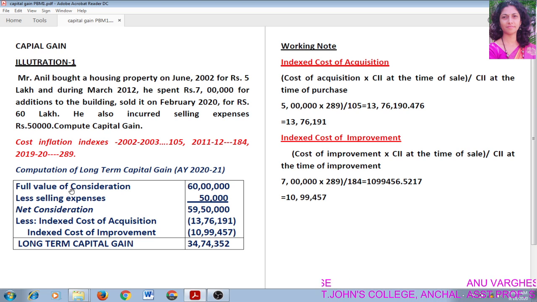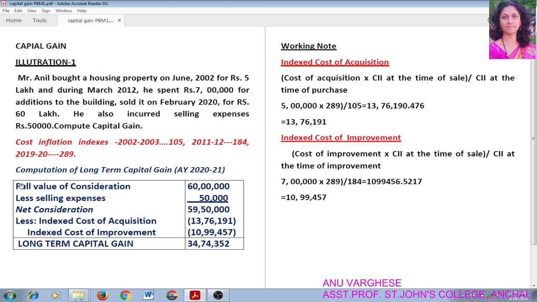So the first step is we have to write the full value of consideration. Full value of consideration means it is the sales price. In the question, it is given that he sold it in February 2020 for rupees 60 lakh. So, full value of consideration is rupees 60 lakh.